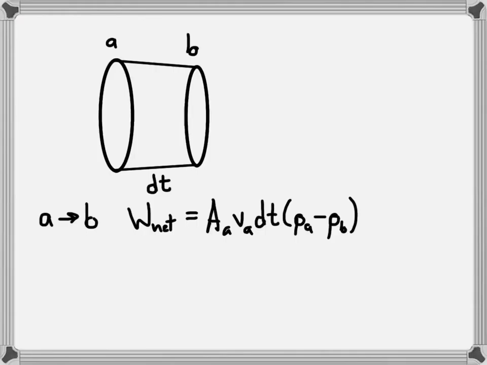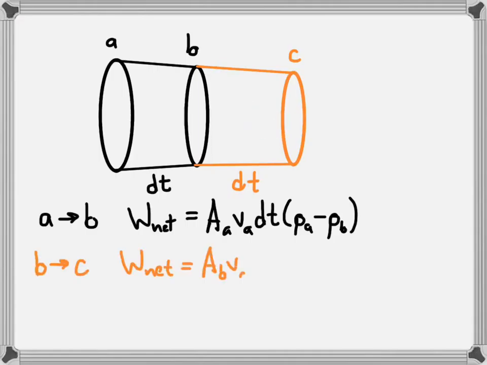Now, let's extend that a moment in the future. Let's say that in the next amount of time dt, the next infinitesimal slice of time, we go from point B to point C in that same time element dt, just a moment later. Well, I can write a similar equation for the net amount of work done as the fluid flows from here to here. And that will look like this.